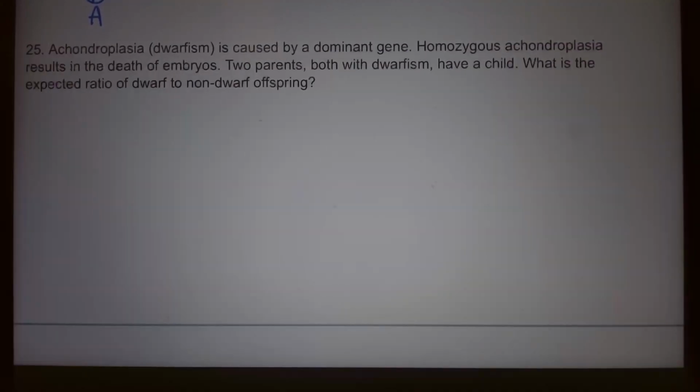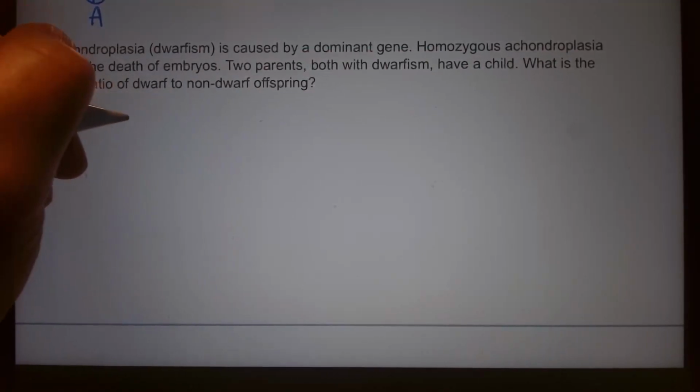Okay, and the last one for now. Achondroplasia, one type of dwarfism, is caused by a dominant gene. That abnormality is caused not by a recessive allele, but by a dominant allele. Homozygous achondroplasia results in the death of the embryo. So let's write down what we know.